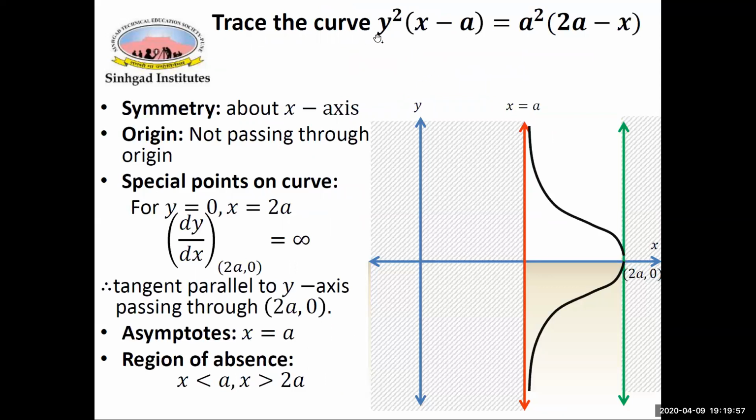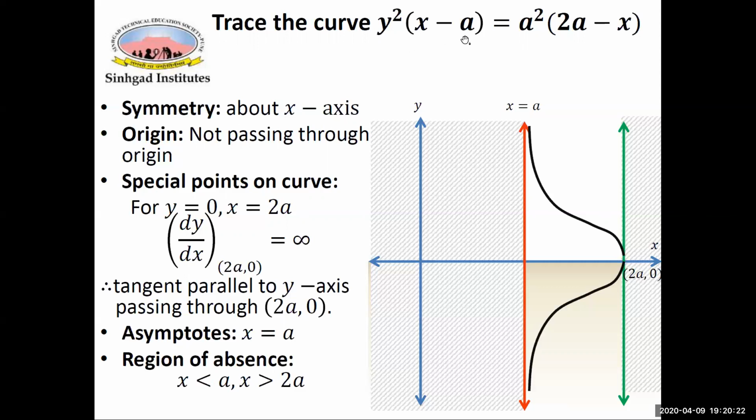Trace the curve y square into x minus a is equal to a square into 2a minus x. Here a is constant. Power of y is what? 2, which is even, whereas power of x is 1, which is odd. Hence, the conclusion is it is symmetric about x-axis.